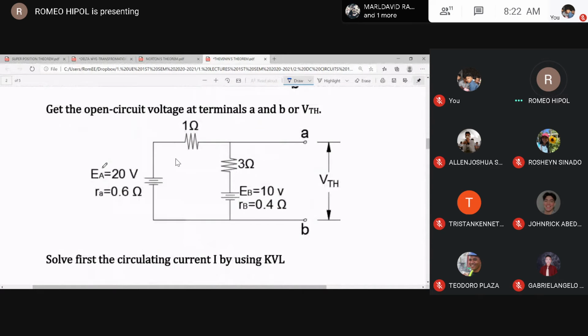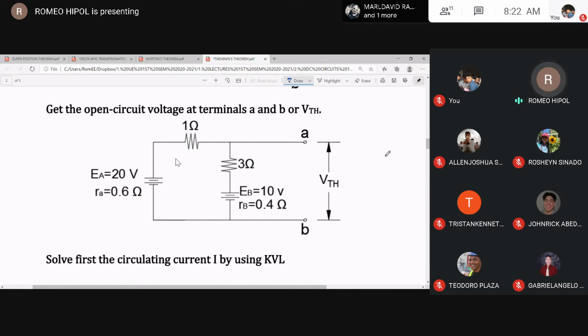Okay. So, first step. Either you can compute for the Thevenin's voltage or the Thevenin's resistance. So, in this case, we're going to locate or find Thevenin's voltage. So, saan ba natin kukunin yung Thevenin's voltage?